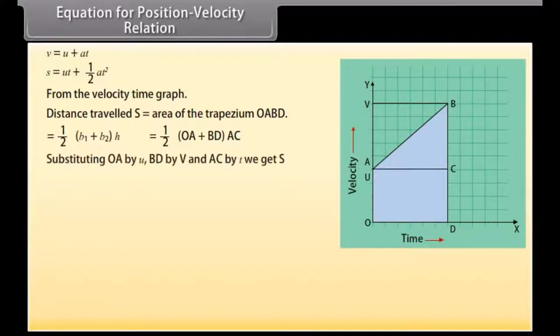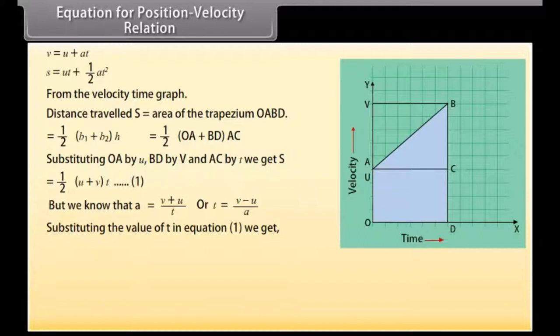Substituting OA by u, BD by v, and AC by t, we get s is equal to 1 upon 2 into (u plus v) into t, equation 1. But we know that a is equal to (v minus u) upon t, or t is equal to (v minus u) upon a.